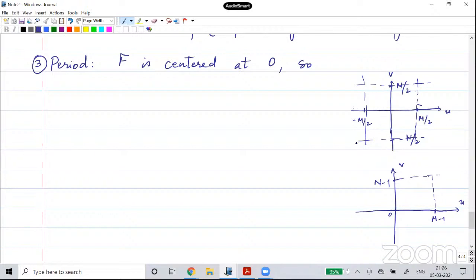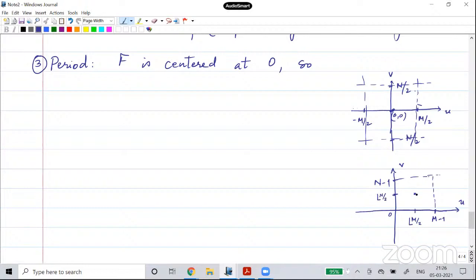The point is that this is centered at the origin. You would like to have it centered instead here. Now this point is actually half of this and half of this. So to make sure that we end up with integers, the floor of m/2 and floor of n/2 is taken.